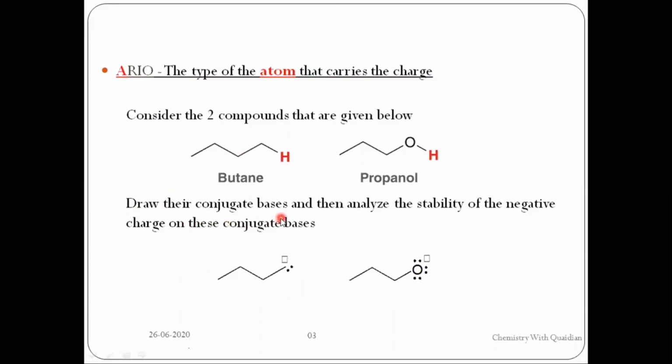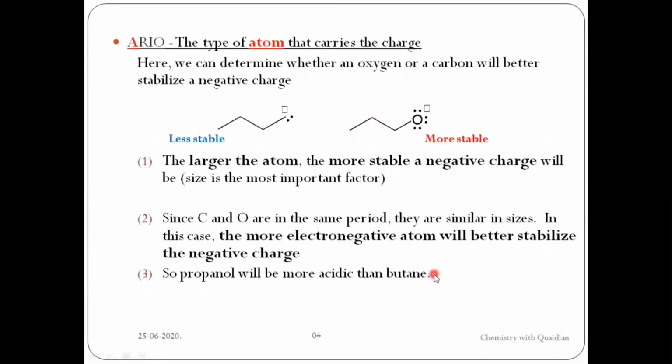You know that the conjugate base is formed when this H is lost from butane and this bond's electrons shift to this atom and there is a negative charge on it. Draw their conjugate bases first and then analyze the stability of the negative charge on these conjugate bases. Here, the negative charge is on the carbon atom, and here this negative charge is on the oxygen atom.